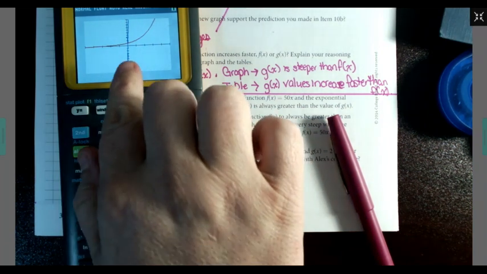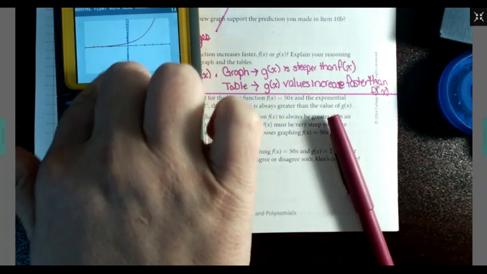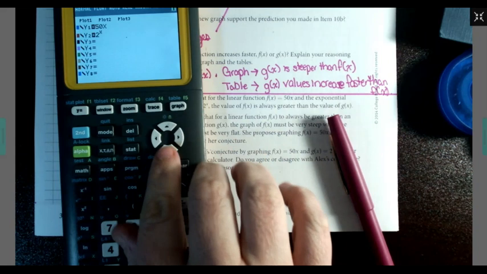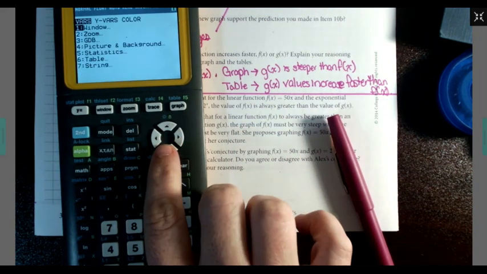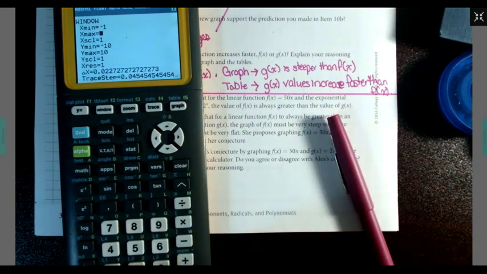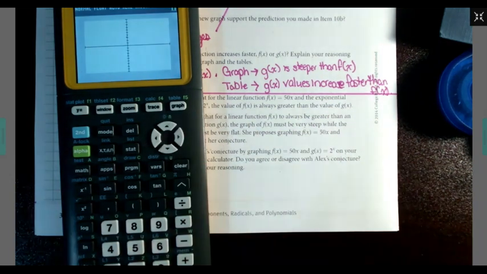Okay, so I see that it's still really close to the y-axis. So let's do window. We'll go -1 to +1. Now let's see what happens. Oh, now I'm seeing some contrast here.